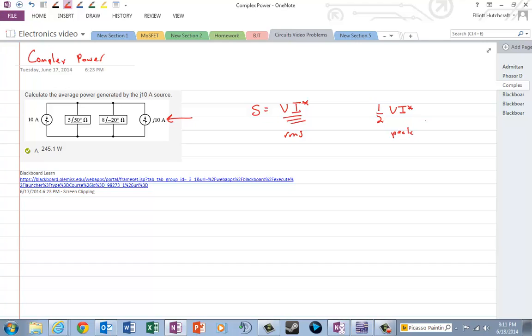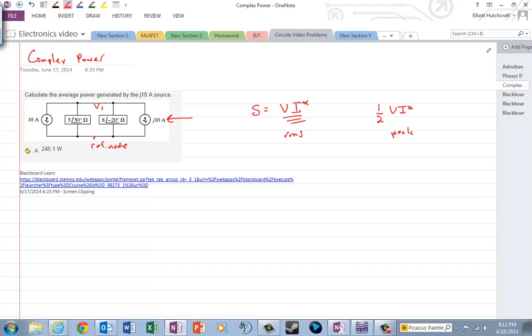Okay, so we can see that we've got two current sources. I think probably the easiest thing to do, in my opinion, is just do a nice little KCL equation, use nodal analysis. Call this my reference node down here, and then call this voltage up here V1.